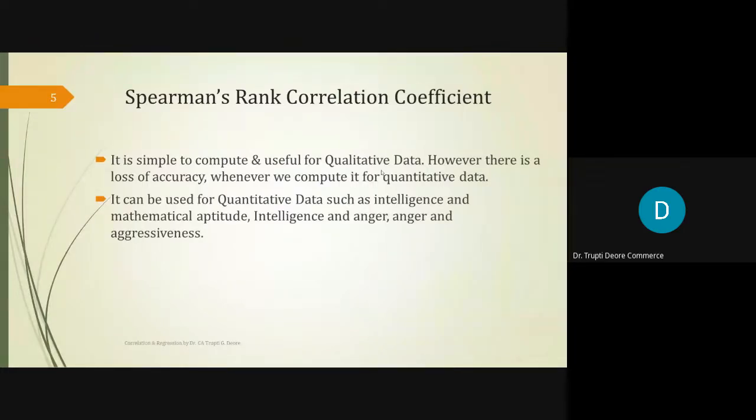Career counselors are doing the same thing: they are measuring your intelligence and aptitude. Which type of aptitude do you have? Which area of interest do you prefer? On that basis, they prepare data, analyze that data, and on the analysis of that data, they consult the person on which career path is good for that particular person.